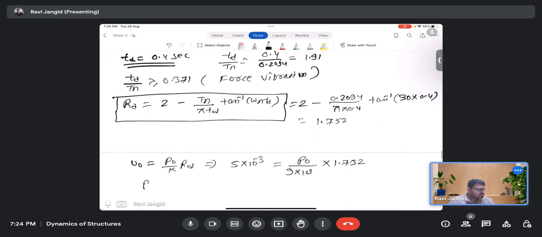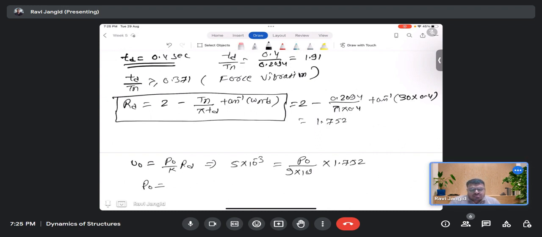Anyone? What would be my P naught so that my structure can sustain the blast? Is anyone with the answer? 25.68 into 10 power 6.